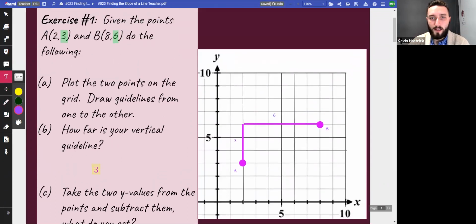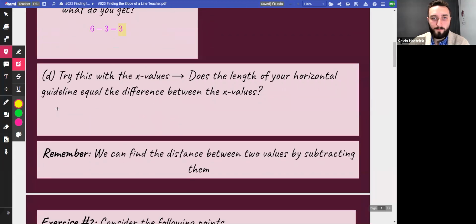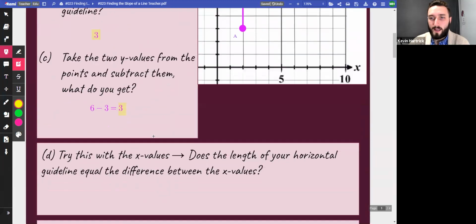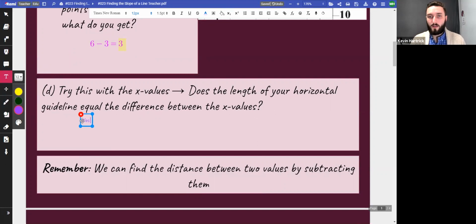And then let's see if that is the case for our x values. So here's the x values, 2 and 8. I think if I subtract them, I'm going to get a 6. So yes, both the length of my horizontal guideline and the difference are 6.